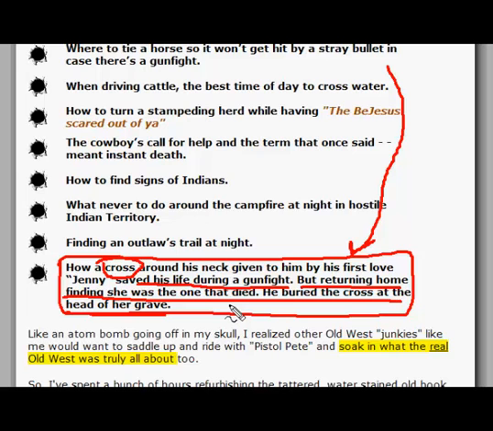Okay, so right away you see how I'm building curiosity, because it's a gift from his girlfriend Jenny. I don't know what the gift is, and it saved his life. How could a gift from someone save his life, but it couldn't save her life? And what he did with it at the funeral.